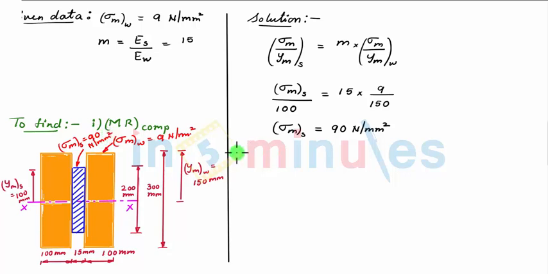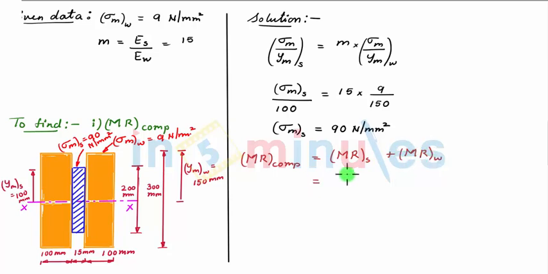Now the moment of resistance of the composite section is equal to the moment of resistance of steel plus the moment of resistance of wood.